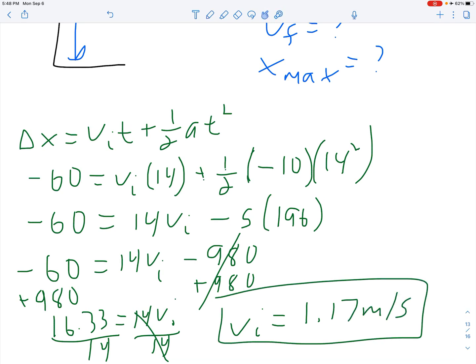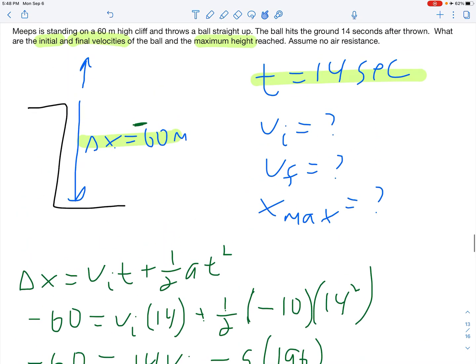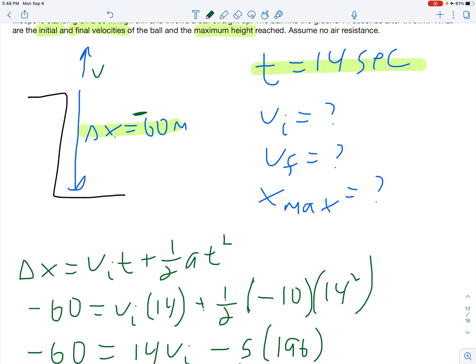Does it make sense that it's positive? Yes. She's throwing it up, so I can write what I found right here, 1.17 meters per second. It's not very fast. Okay. So now I need VF.